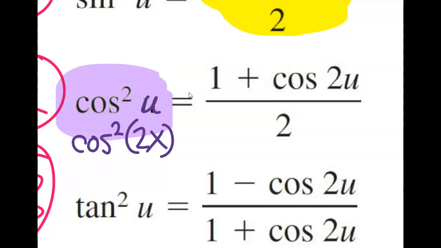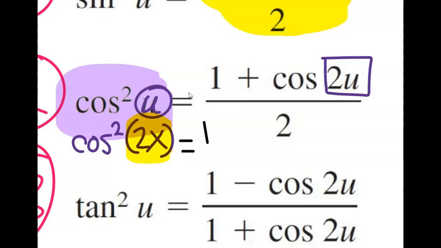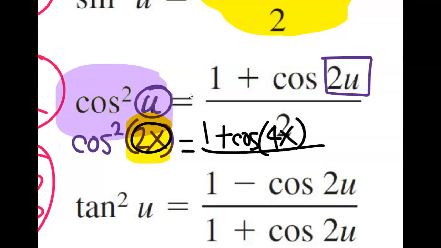So what's going to happen when we actually use the formula is that instead of just doubling this angle like we did here, we're still going to be doubling it, but it's going to be 2x times 2. And so for that reason, we're going to have 1 plus the cosine of 2 times 2x, so that will be 4x, and then divided by 2.